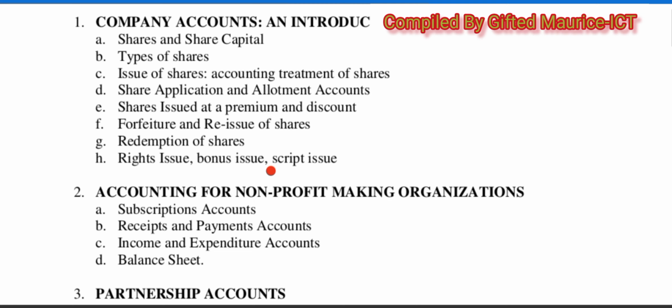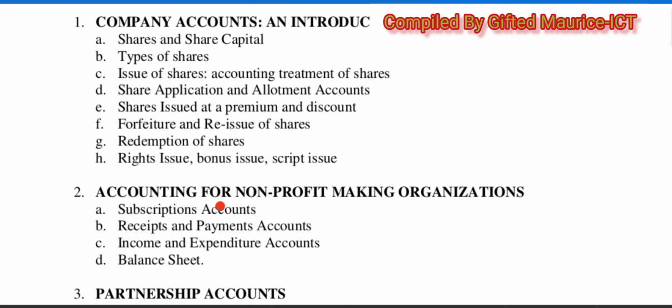So in a script issue, you don't have a choice. You will only receive the additional shares instead of dividends. But in a bonus issue, you have a choice. You can decide to receive additional shares or you can decide to receive your cash dividends.